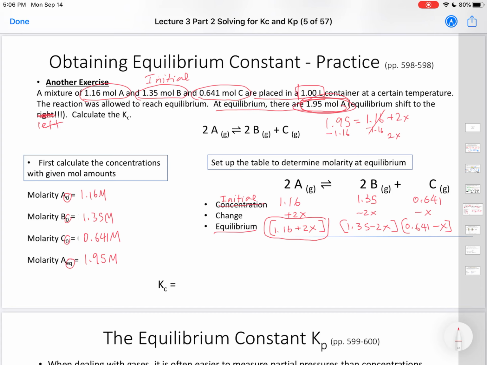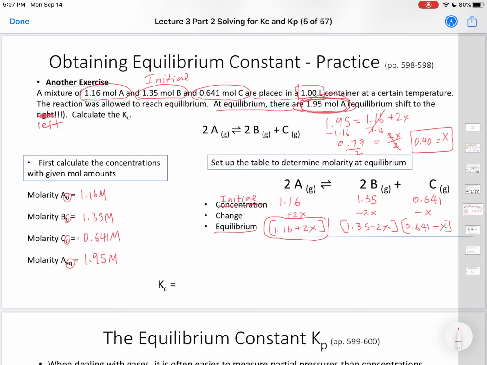Okay, that cancels that out. I get 2x on this side is equal to 0.79. I'm going to divide both sides by 2. I believe this comes out to 0.4. So I'm going to round it to 0.4.